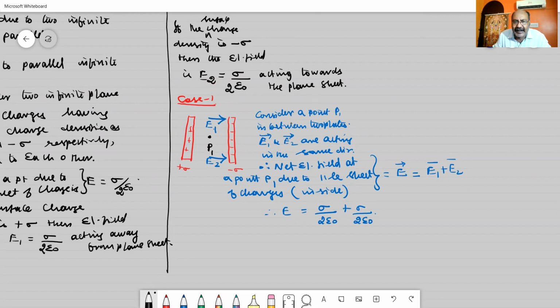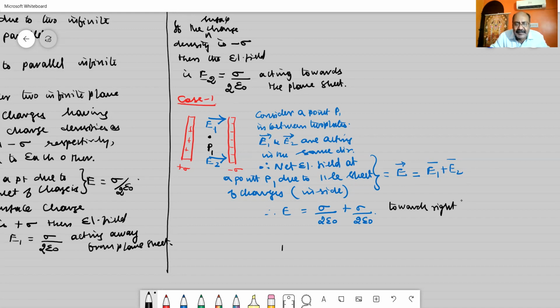From the diagram, it is clear that the two fields are acting in the same direction. So the net electrical field E is equal to E1 plus E2, acting towards the right.